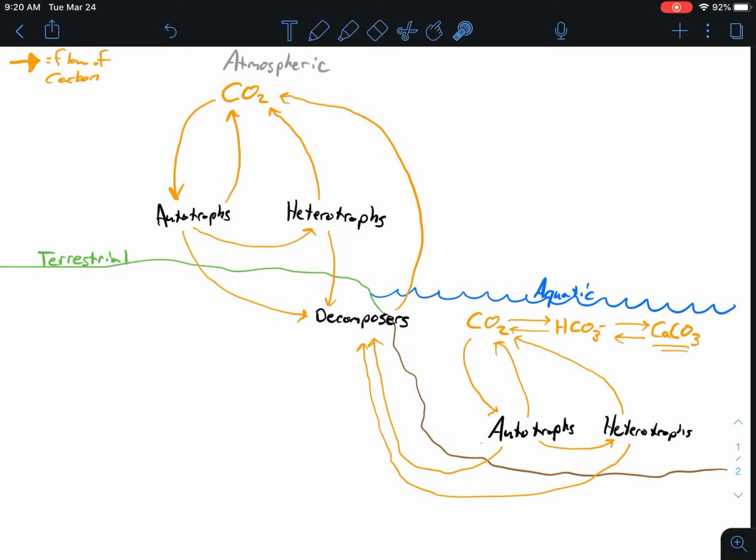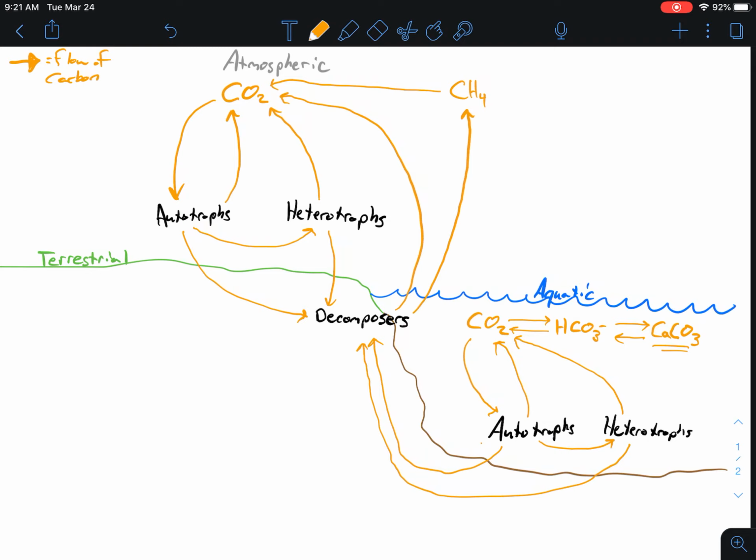Some of these decomposers are called methanogens. These methanogens will release some of the carbon, instead of carbon dioxide, as methane, CH4. That methane can accumulate in the atmosphere as well. We will come back to methane when we study global climate change. For now, I just want to show that some of that methane can be converted to carbon dioxide in the atmosphere.